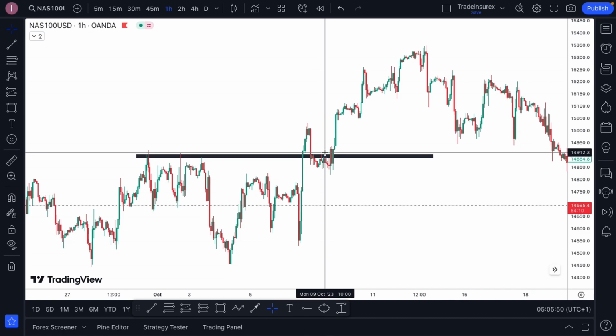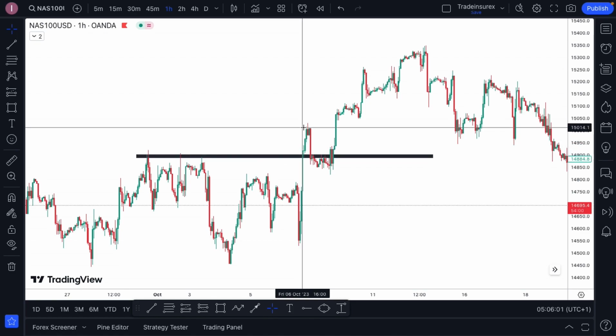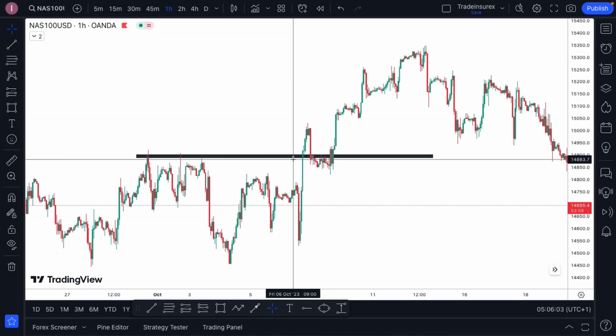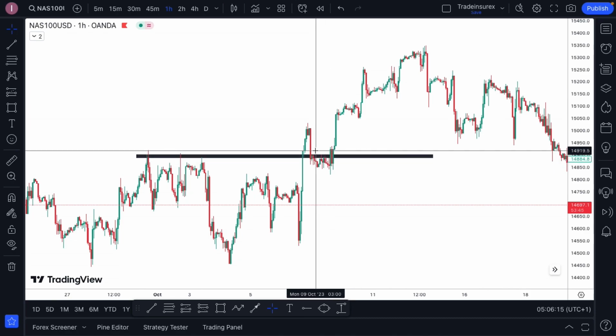I took this trade as well, because I know that price has already told me that above this area, I can go this higher. Below this area, sellers are back in control of the market. Sellers have some control of the market here, so you can't take a buy here, right? I want to take a buy where buyers have control of the market.